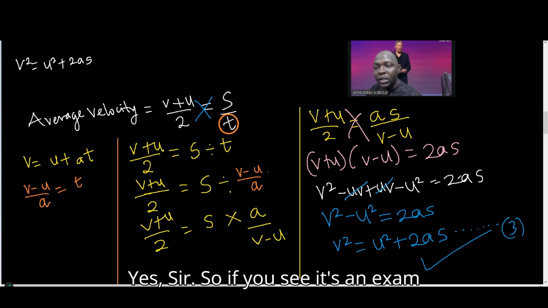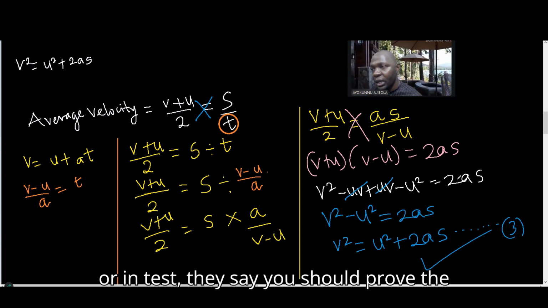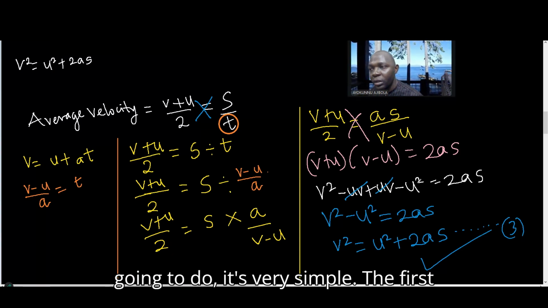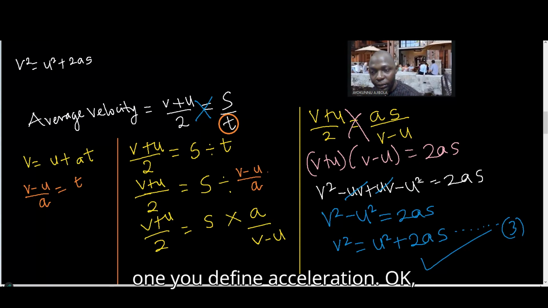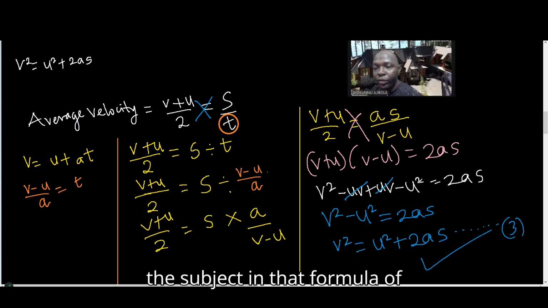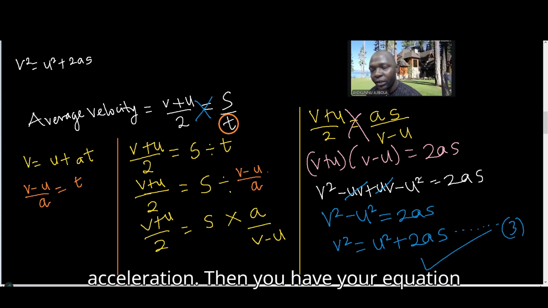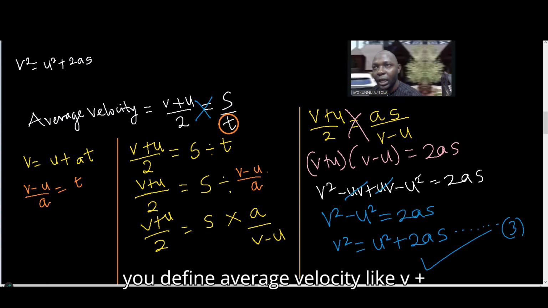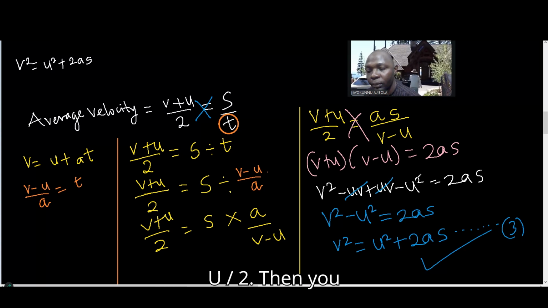Yes, sir. So if you see it in an exam or in a test, they say you should prove the three equations of motion. What you're going to do is very simple. The first one, you define acceleration. When you define acceleration, you make v the subject in that formula of acceleration. Then you have your equation 1. The second one, you define average velocity, like v plus u over 2.